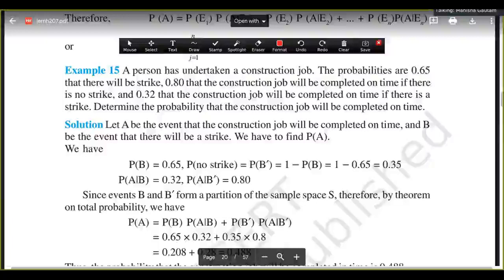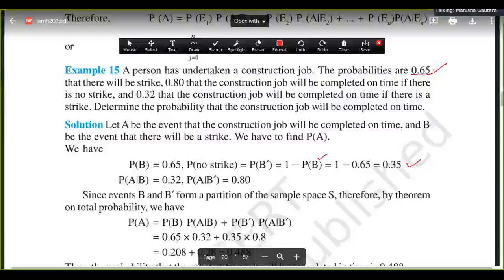Now here is the first thing: the probability when there is a strike is given to you. If you know the probability when there is a strike, you can calculate the probability when there is no strike. The total is 1, so 1 minus the probability of a strike gives no strike, that is 0.35.